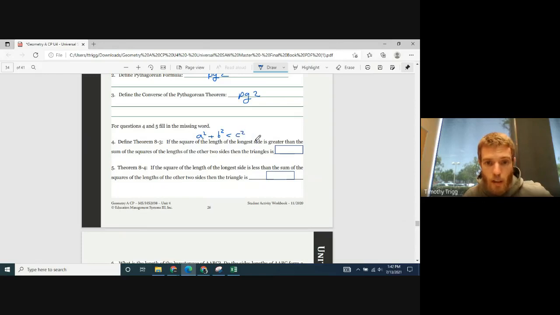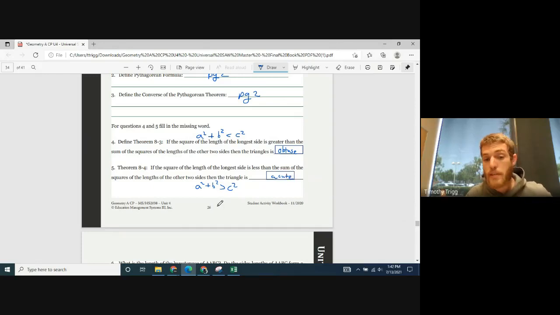Then what you'd have is an obtuse triangle. Obtuse. Similarly, here, this is saying that the square of the length of the longest side is less than... So this one's basically saying that a squared plus b squared is greater than c squared. In this case, this is acute. So this will make an acute triangle.